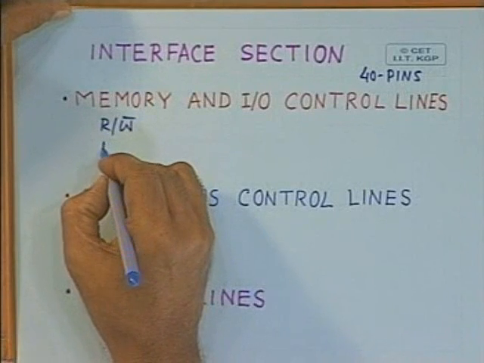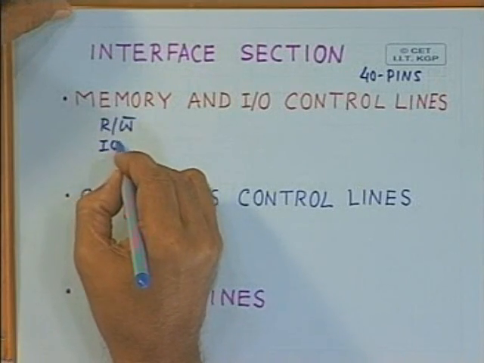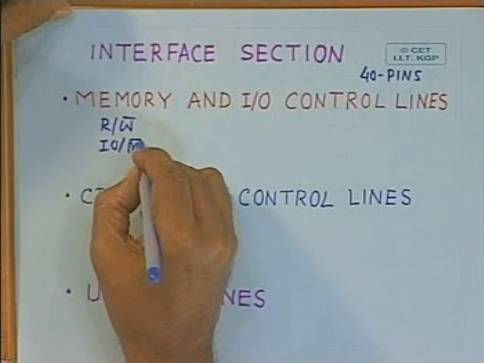Or you will see that there are some microprocessors in which the address that is generated can be for either memory or for IO. So at a particular instant, the CPU is accessing memory devices or input output devices. That CPU has to convey.